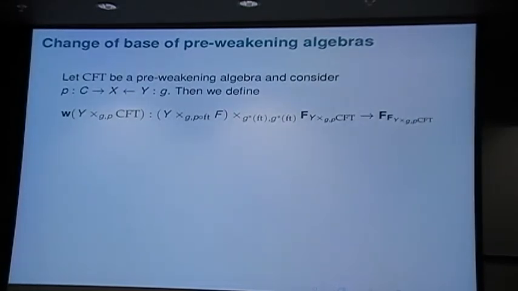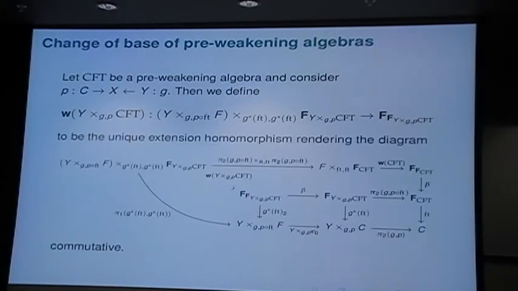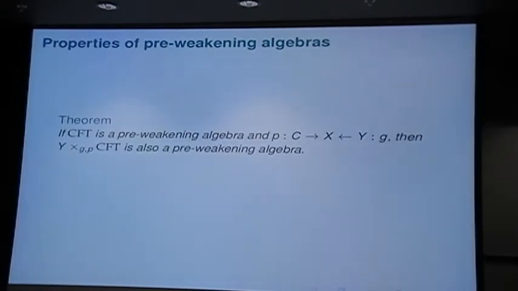With the slicing we already had it. With the change of base you can define it with a similar complicated commutative diagram that I'm going to skip, as I don't have much time. And the theorem says that if you do this on a pre-weakening algebra, you get a pre-weakening algebra. So these equations that you required hold again. That's the content of this theorem.